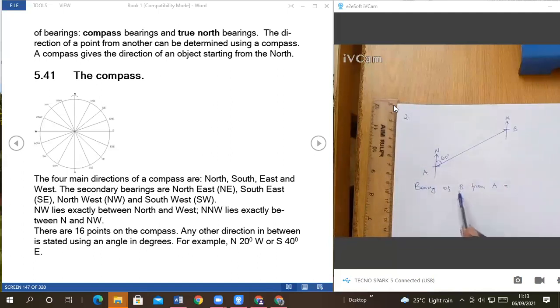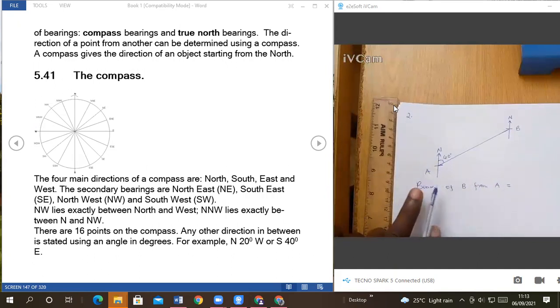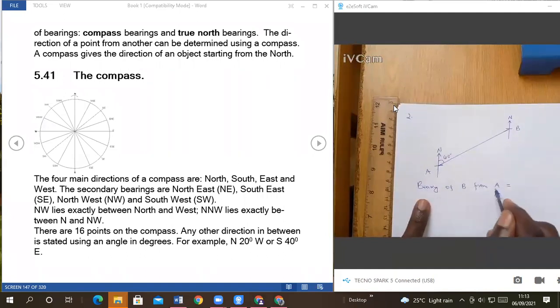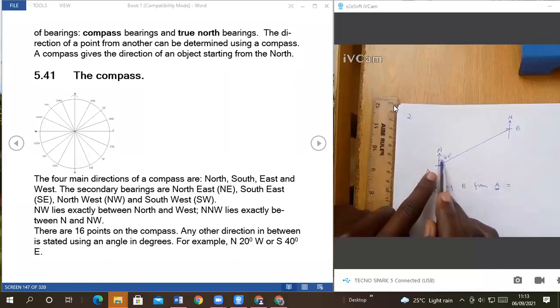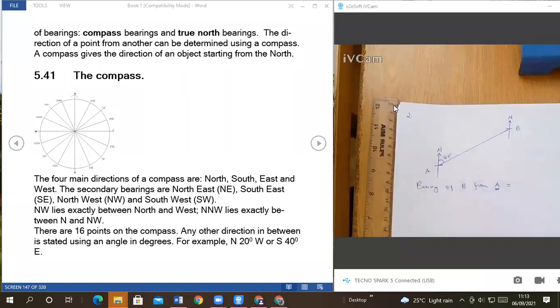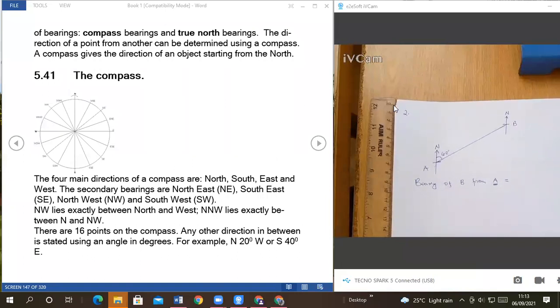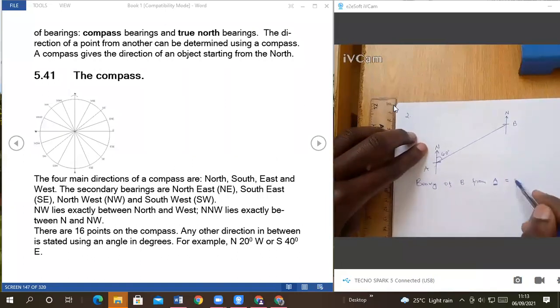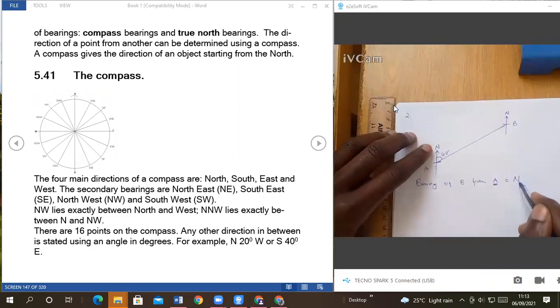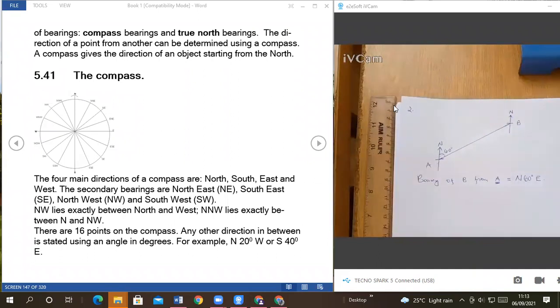Bearing of B from A, which means measurement starts from point A. Because they're saying bearing of B from A, you start measurement from where they're saying from. So you stand at point A, and the angle is 60 degrees. So this is going to be north 60 degrees east. Are you seeing that?